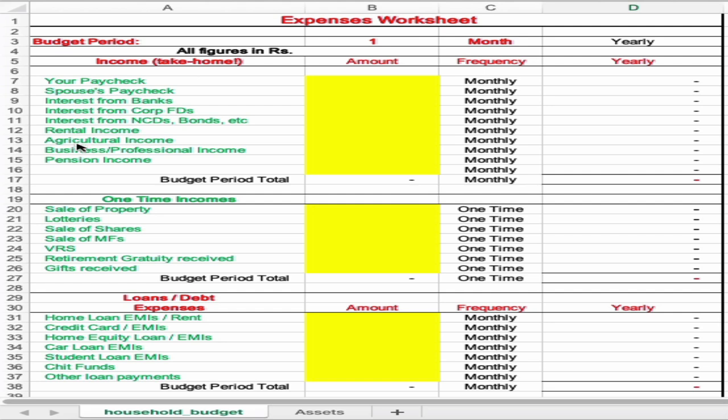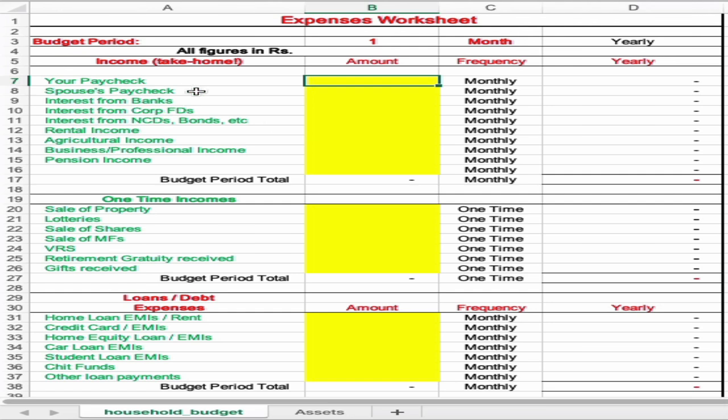Anything in green, like all these things, you can edit, add, delete, whatever you want. And anything in yellow is where you enter an amount. So yellows are for data entry.